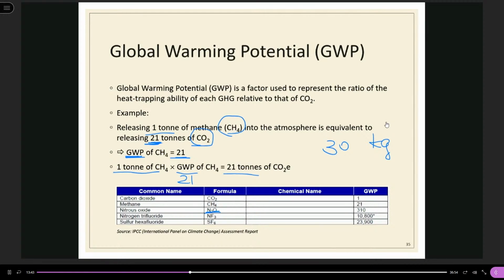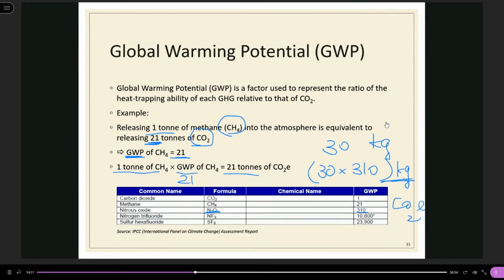I use 30 and multiply by its global warming potential, 310. So the unit will be kg of carbon dioxide equivalent. Of course, you can turn kg into tons.